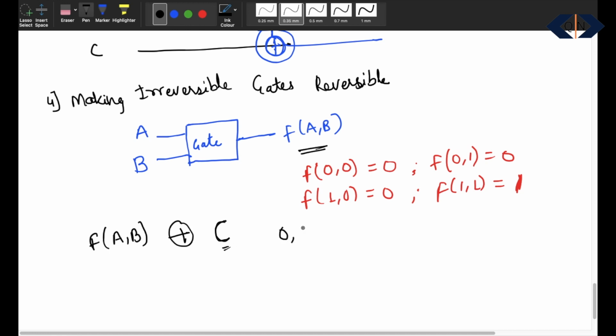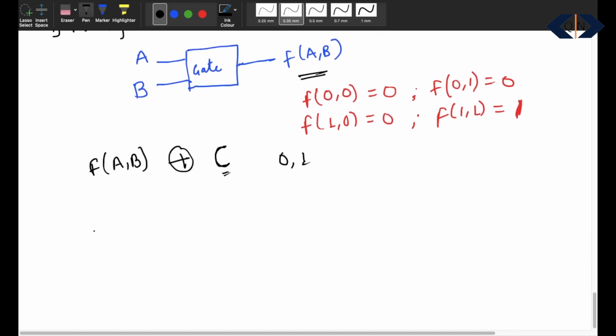Either 0 or 1. So if we XOR with 0, then what will it become? This is the question we should look at.